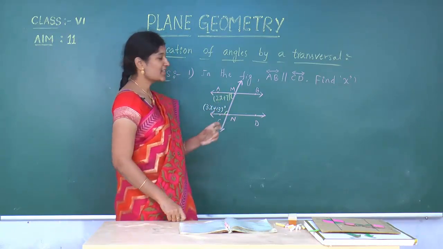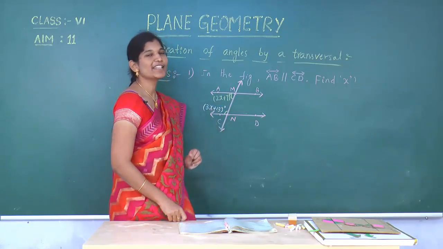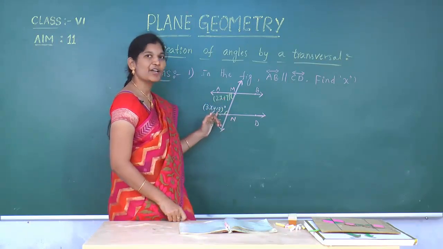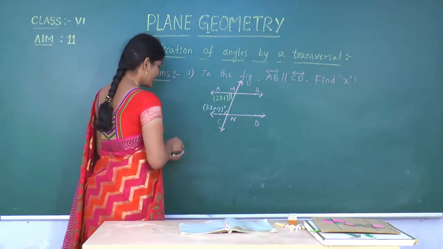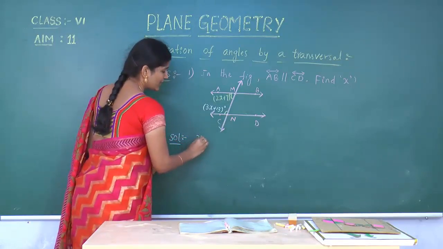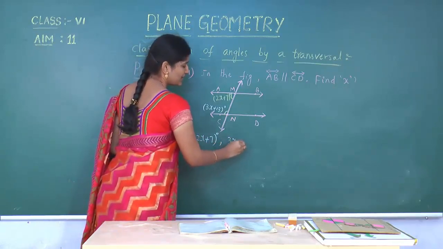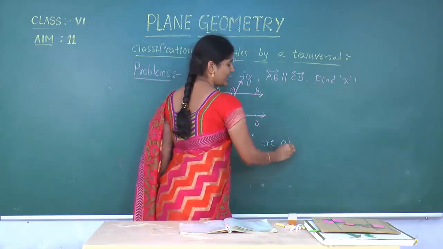We know that the sum of co-interior angles is equal to 180 degrees. So, if we add these two angles, we will get 180 degrees. So, let me solve this problem. 2x plus 7 degrees, 3x plus 13 degrees are allied angles.